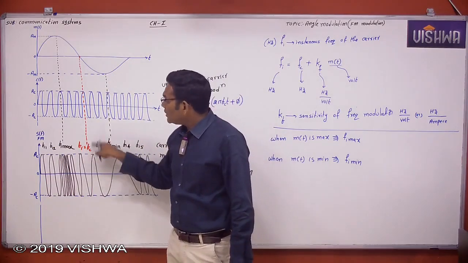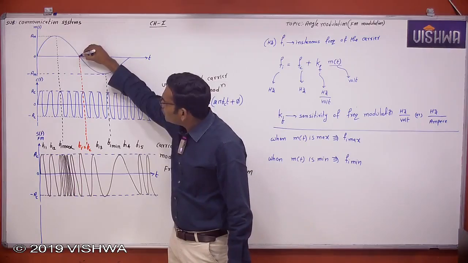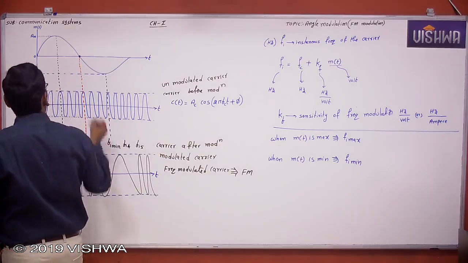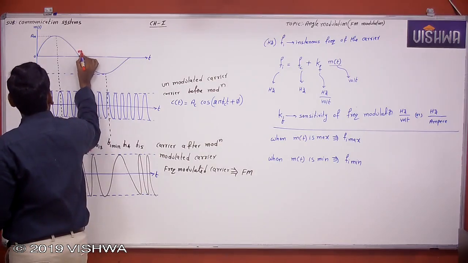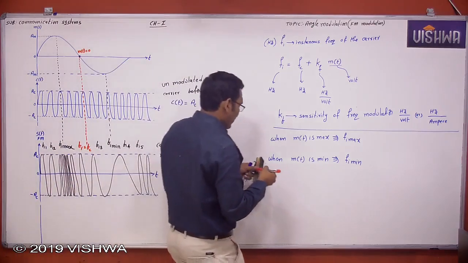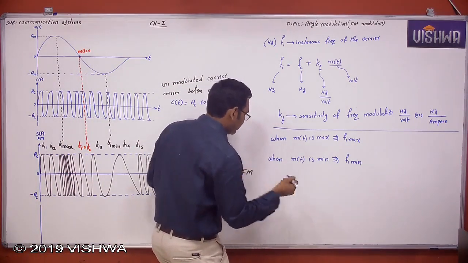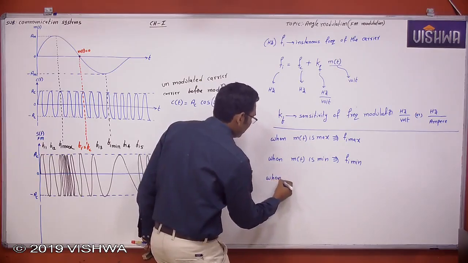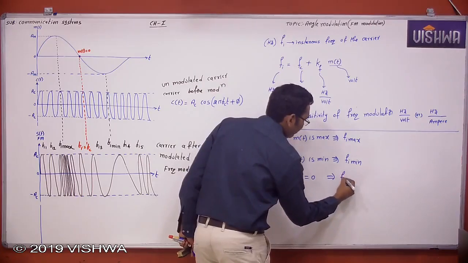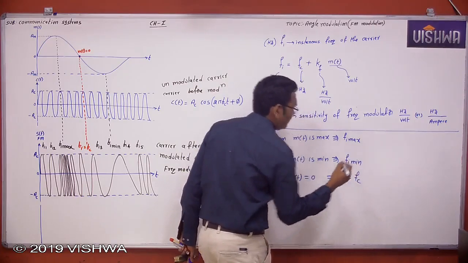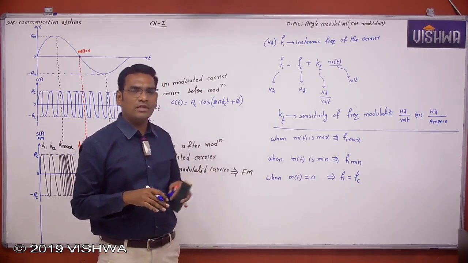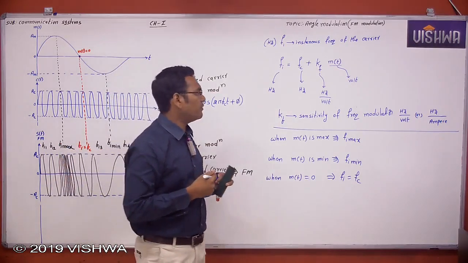When m of t is 0, now here message signal amplitude is 0, when m of t equals 0, Fi equals Fc. Is it right or not? So when m of t is equal to 0, then Fi is equal to Fc. Now message signal amplitude is changing, then only the carrier frequency is changing, otherwise there is no change in the carrier frequency. Okay, no doubt.